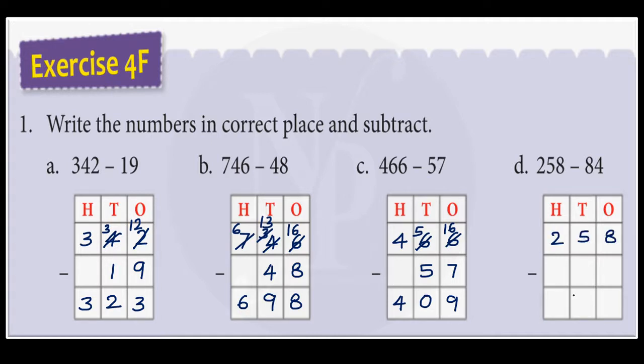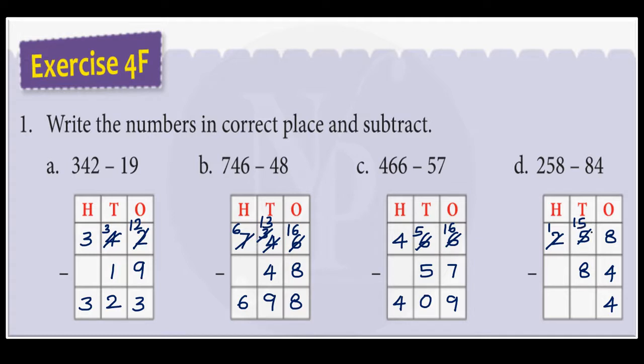258 minus 84. Subtracting 4 ones from 8 ones, we get 4 ones. And subtracting 8 tens from 5 tens is not possible. So we make this 200 as 100 here, and bring 100 to the tens column, which will be equal to 10 tens. 10 tens and these 5 tens together becomes 15 tens.